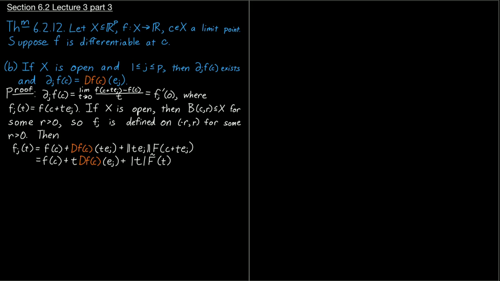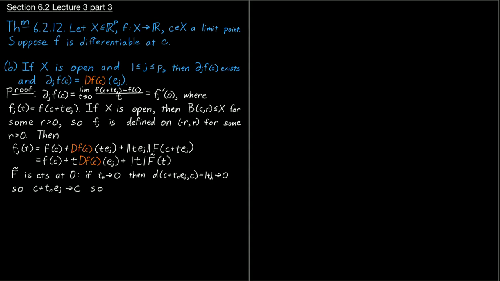And it is not hard to show that F twiddle is continuous at 0. That is, if Tn is going to 0, then the distance between c plus Tn ej and just regular c, that's the absolute value of Tn, is going to 0. So this sequence is converging to c.